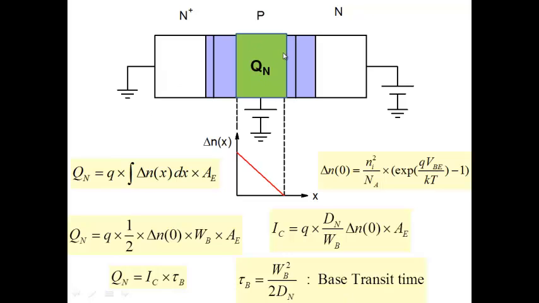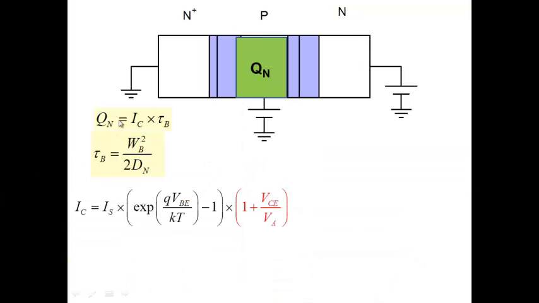This much charge is stored here and it results in this much current here. The ratio of the two is equal to the transit time, which is WB squared over 2DN. So we've obtained an expression QN equals IC times tau B. Now all we have to do is take the derivative of QN versus VBE to get the diffusion capacitance. I can take the derivative with respect to collector current, and the derivative of collector current with respect to VBE.